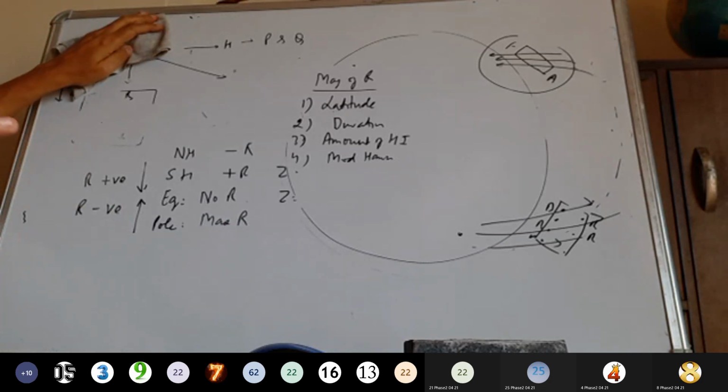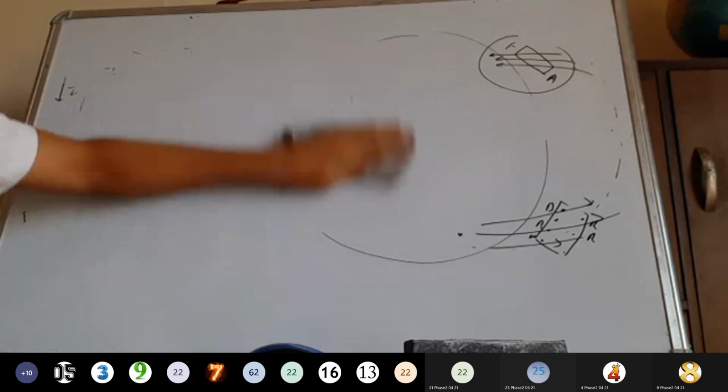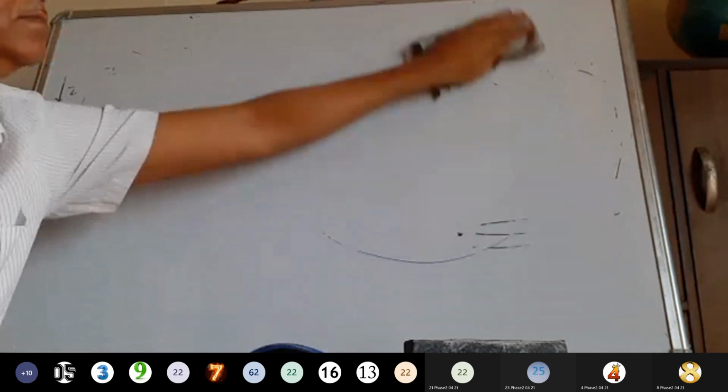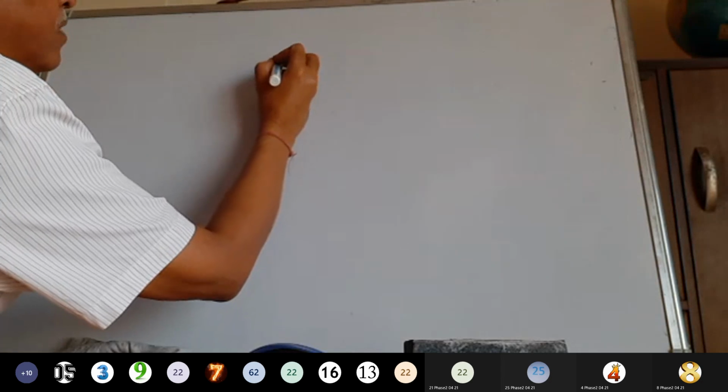After having seen this force R, now let us see what effect it will cause at the compass position. Let us say I am drawing one ship.